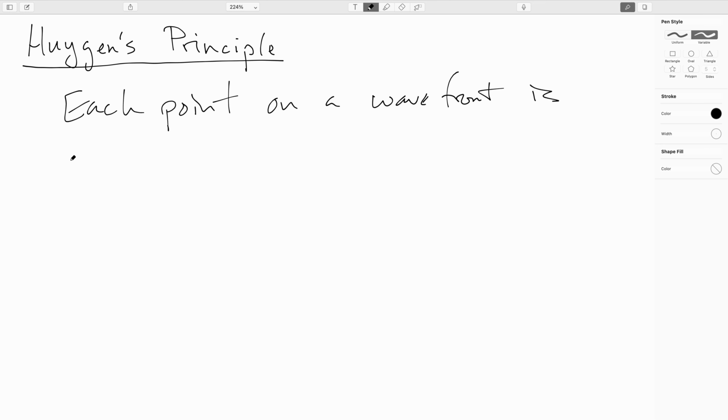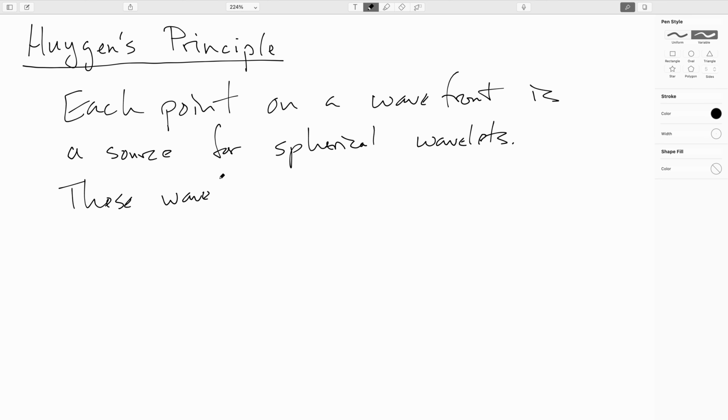is a source for spherical wavelets. These wavelets will interfere to make the next wavefront.